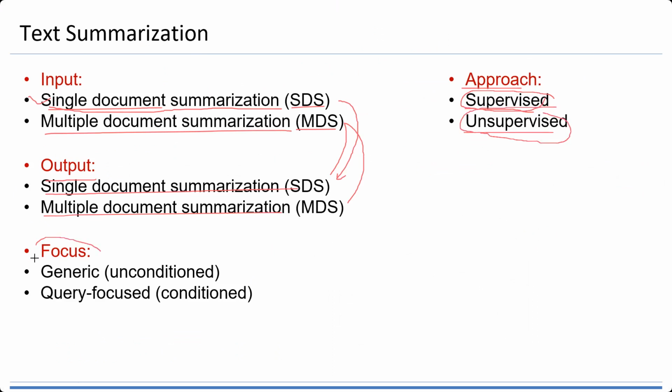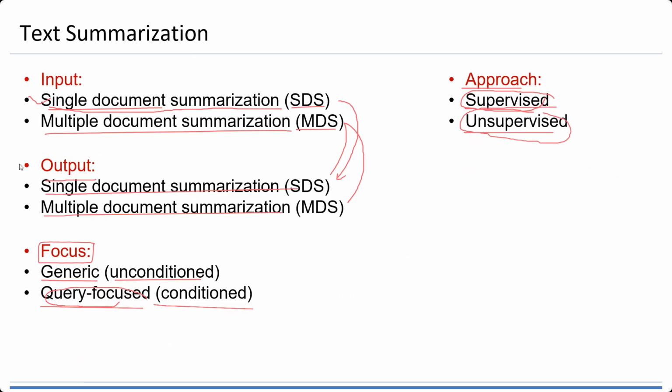So there are two focuses for the text summarization. The first is generic, no condition, unconditioned. And the other is query focus. Query focus means we have some condition. So we put the condition and we can have the result.